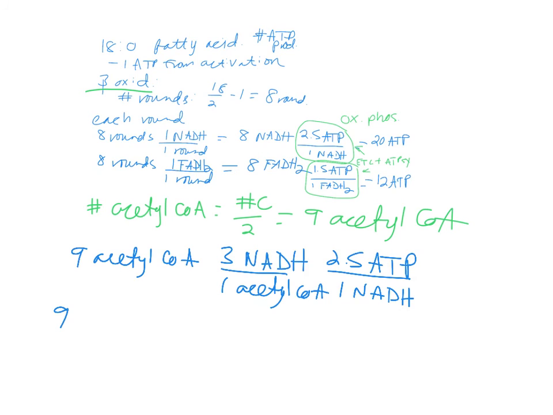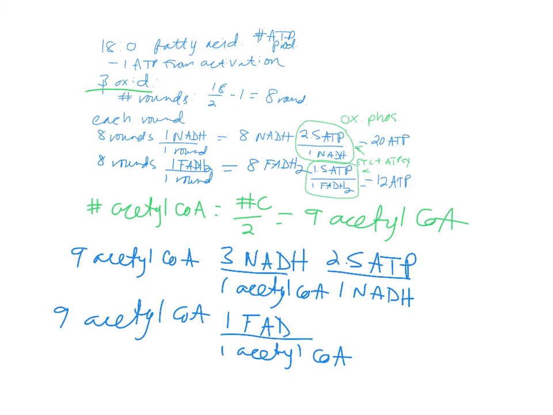And again, 9 acetyl-CoA. I know that this seems tedious, but this is the kind of logic that I'm looking for you to state when you do your problems. I want to see that you can show all of the steps.